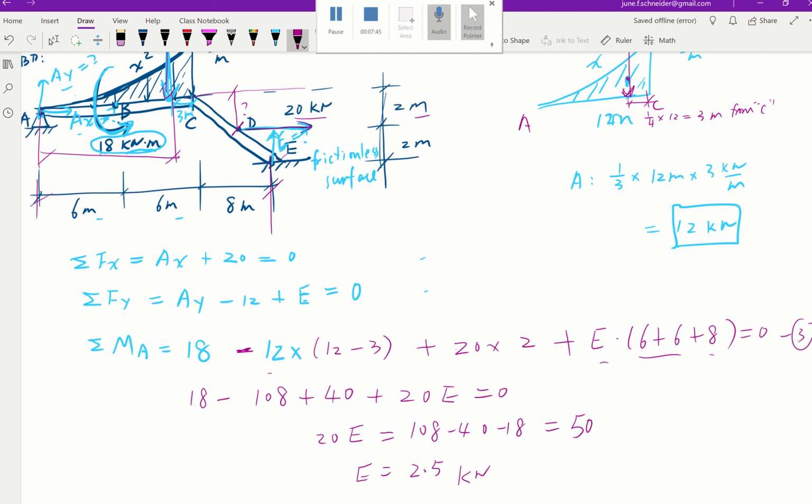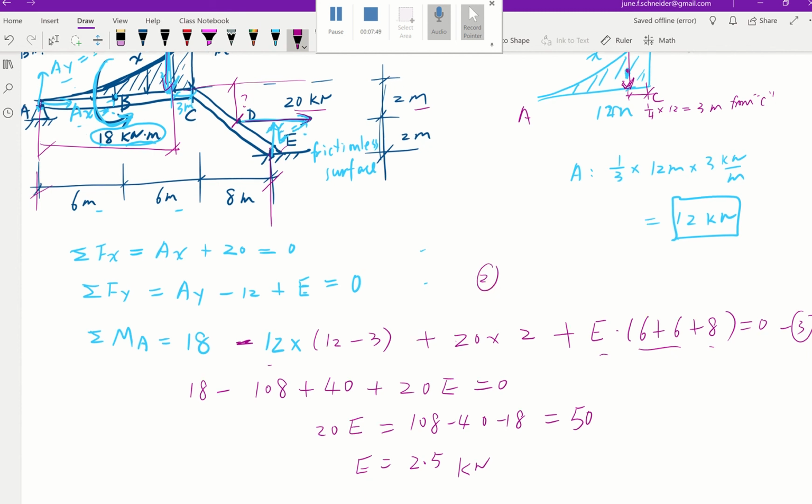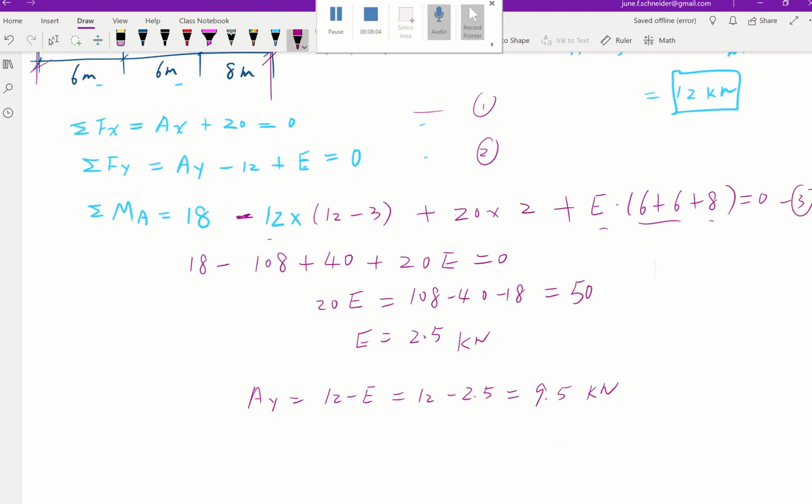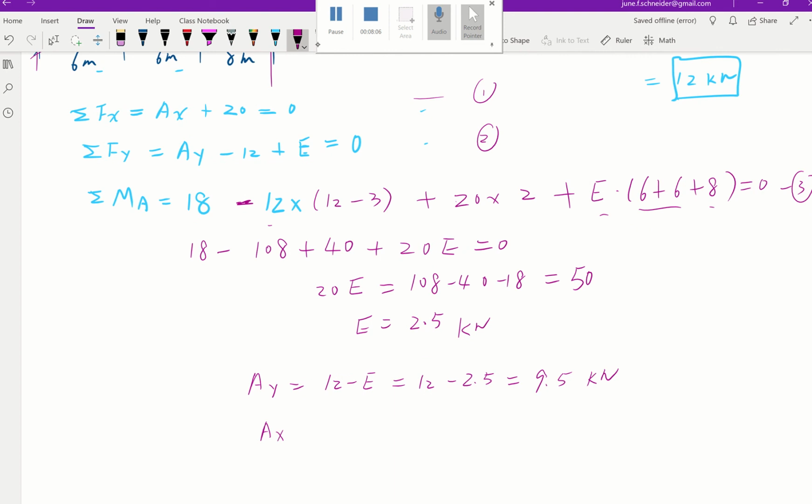Now once we solve E, we can bring it up to equation number 2. Then we can solve our AY. Our AY will be 12 minus E, which is 12 minus 2.5. That will give us 9.5 kilonewton. Then from equation number 1, we can go ahead and solve AX in one step.